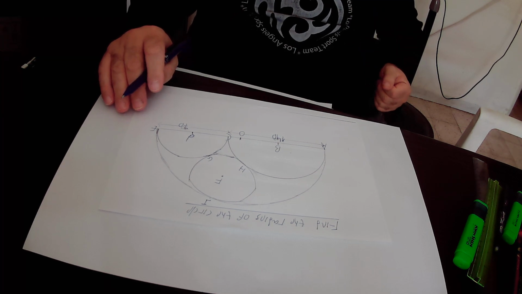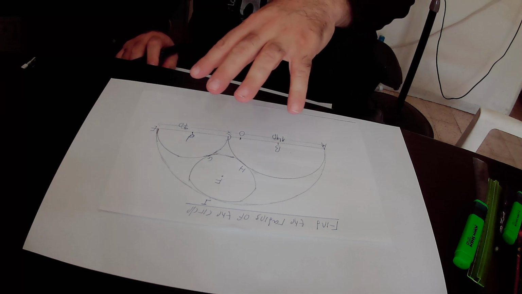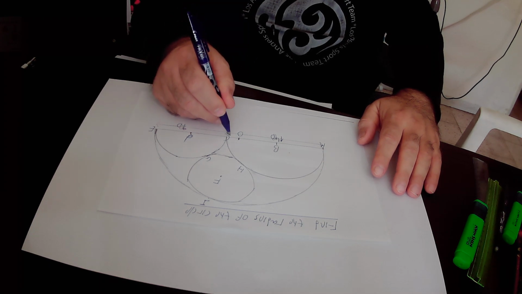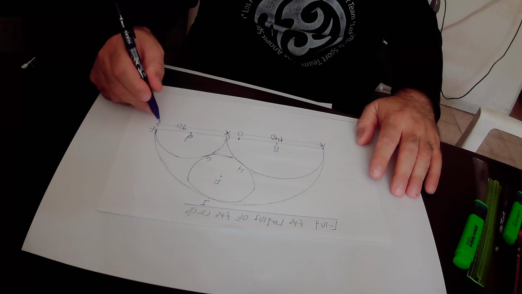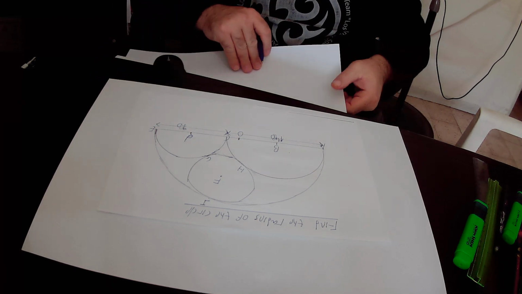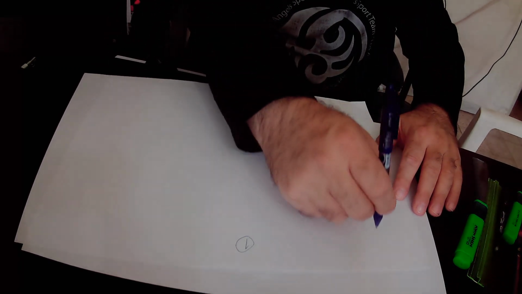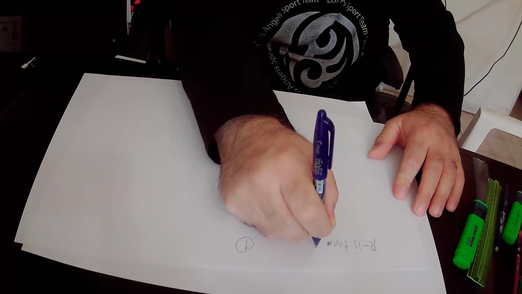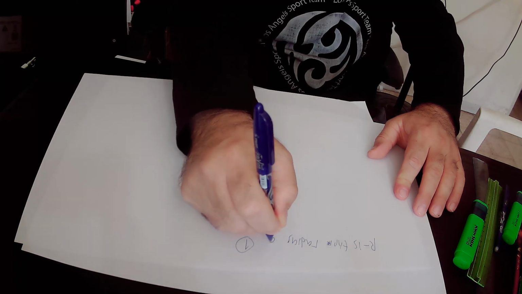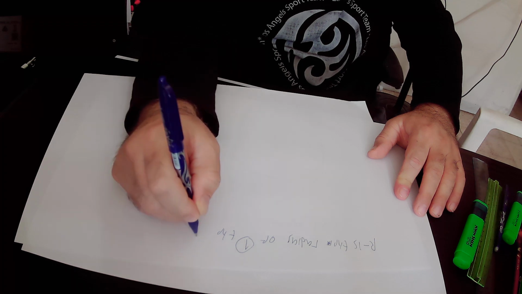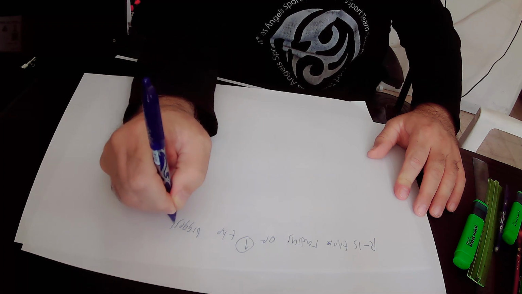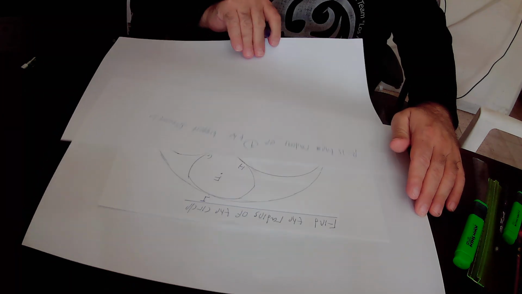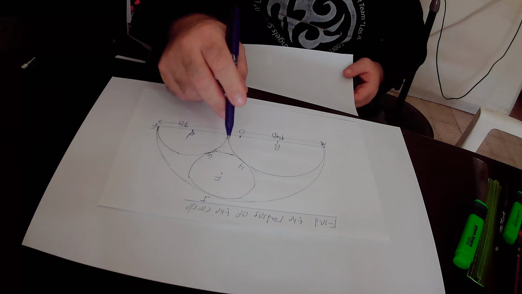Okay, so we will define the radius of the biggest semicircle as capital R. Capital R is the radius of the biggest semicircle, and we will define this small r as the radius of the circle.